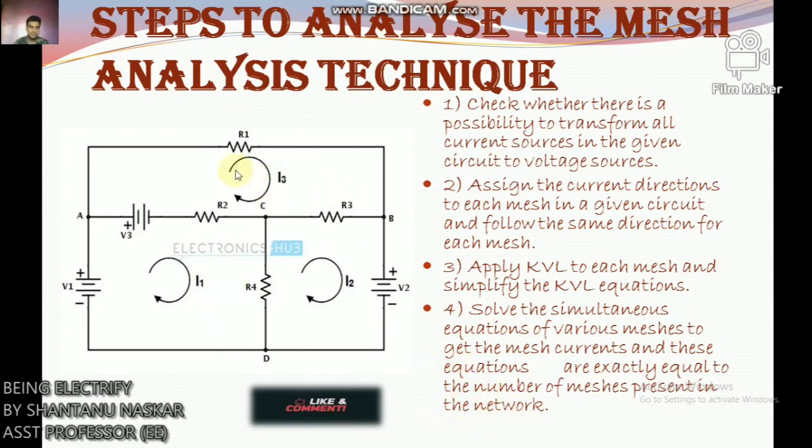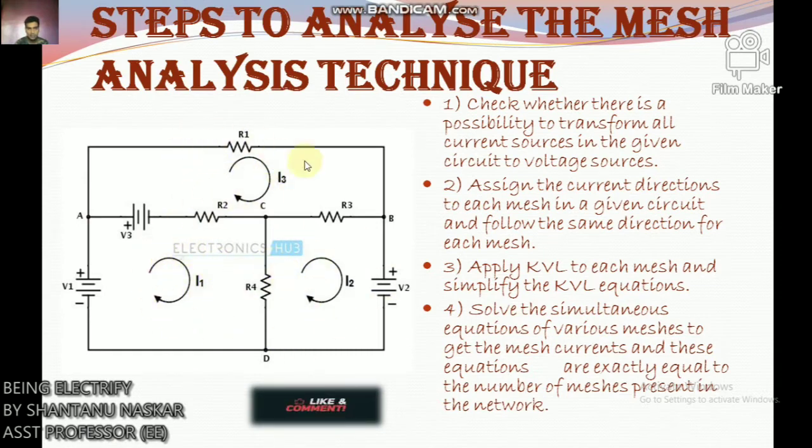So consider the DC circuit to apply the mesh current analysis such that currents in different meshes can be found. In this figure there are 3 meshes: A, B, D, A; A, C, D, A; that means this and this.